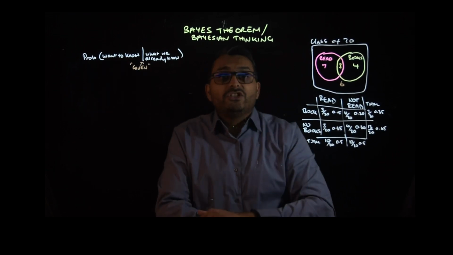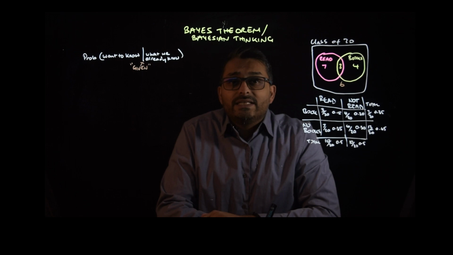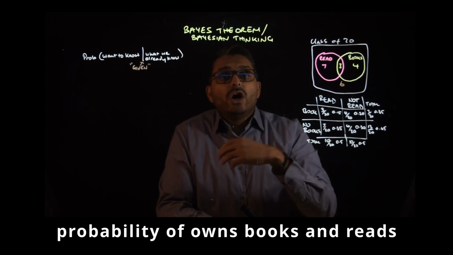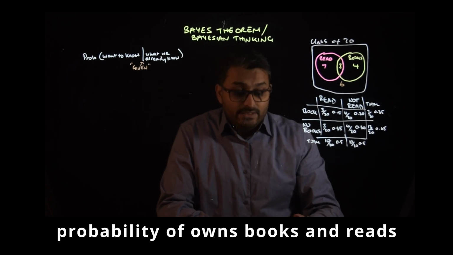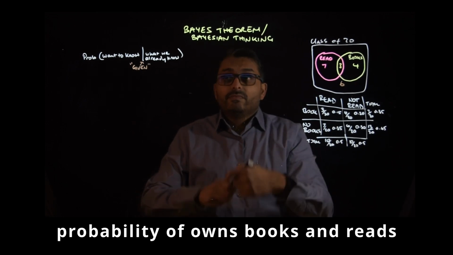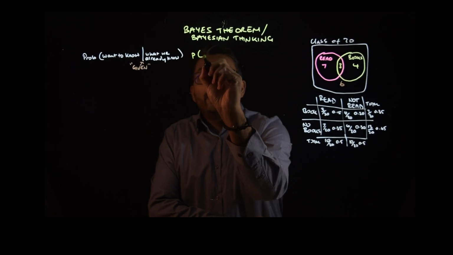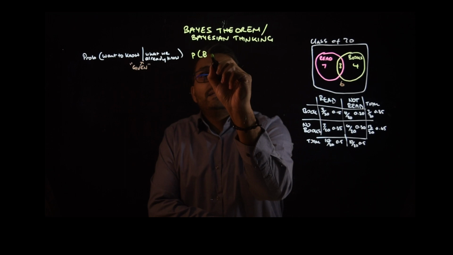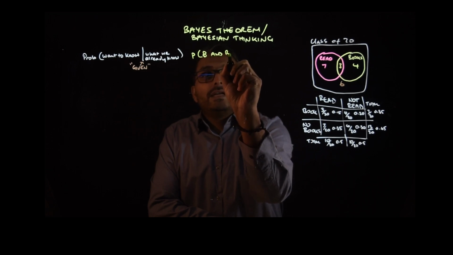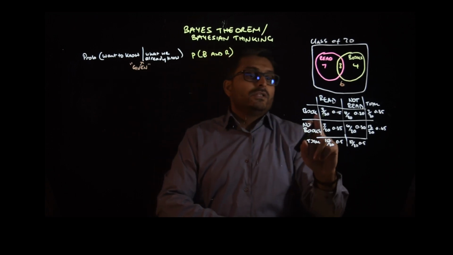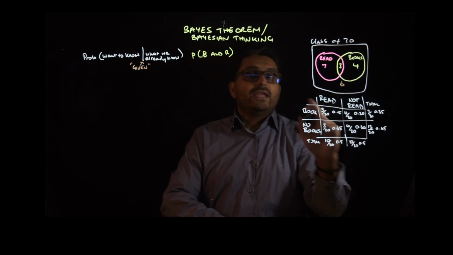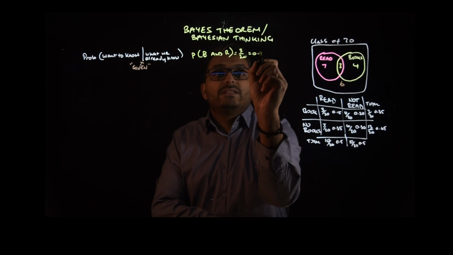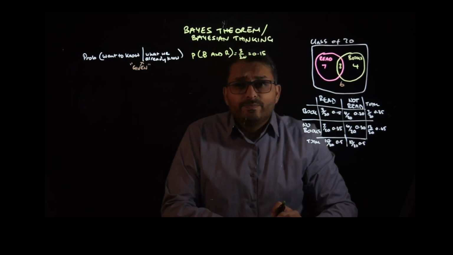Now, going back to the question, what is the probability that we pick one student from our 20 that owns a book and likes to read? Own a book and like to read is this square here, it's 3 out of 20, which is 0.15.